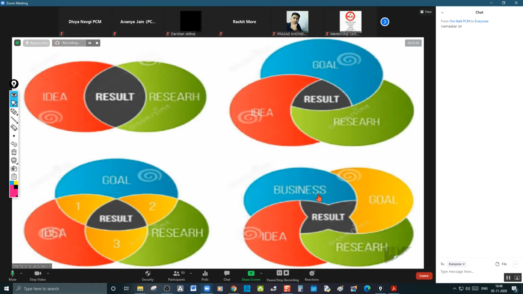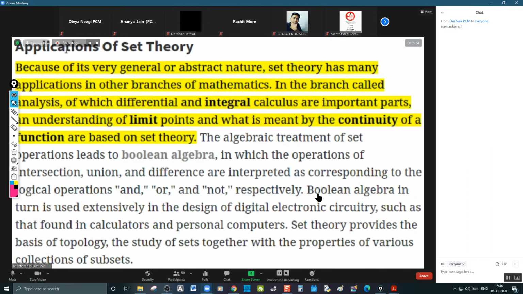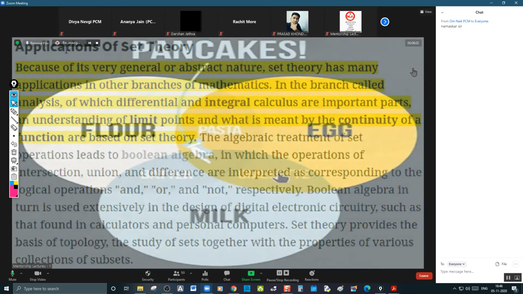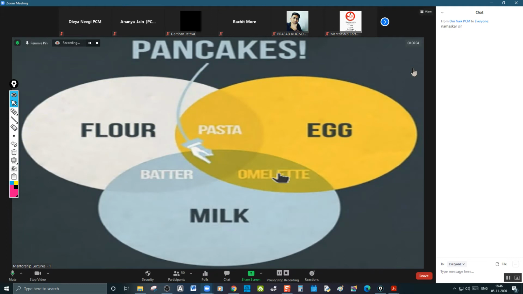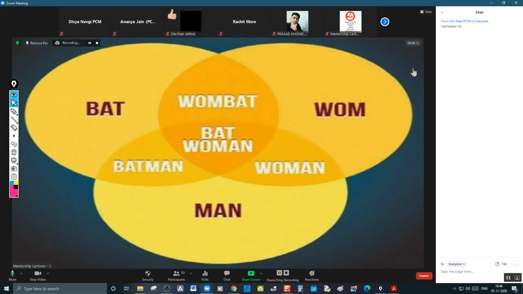Rishikesh, Ananya, Rachit, Darshan, Divya, Miloni, Prasad. Does anyone have 1,000 crores of property? No, sir. Darshan has shown his finger, I have to catch him. I will catch him after I come to Mumbai. Okay Darshan, we will meet once. Yes, sir.